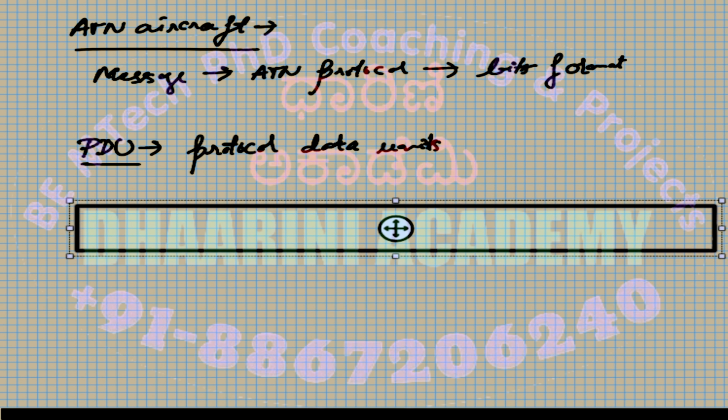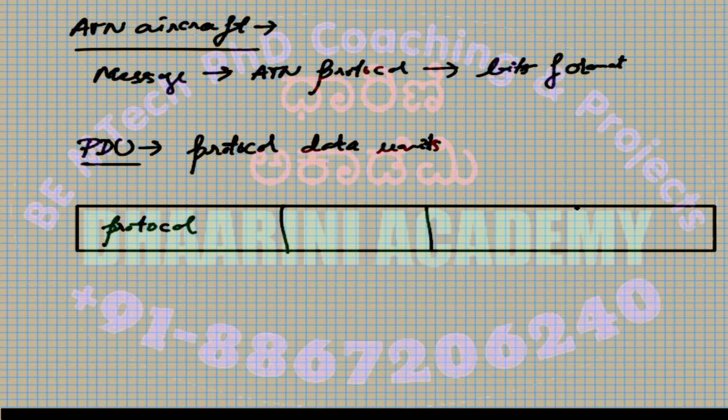Maybe we can have this. The first few bits will be the protocol itself, followed by, let's say, three more fields. In these fields, we use 8-bit ASCII representation for everything that you enter.